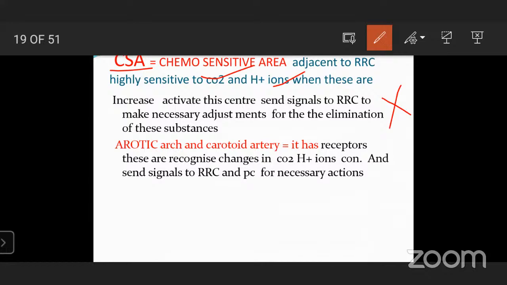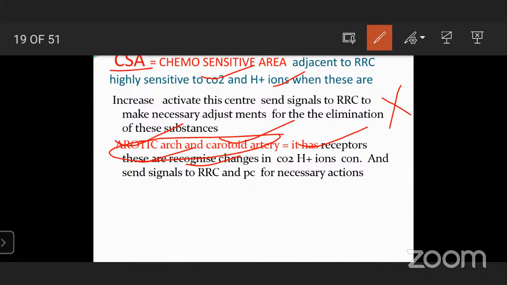Sir, there is another system, right? The aortic arch and the carotid artery. This is the alternative arrangement. These have receptors present in the aortic arch and the carotid artery.